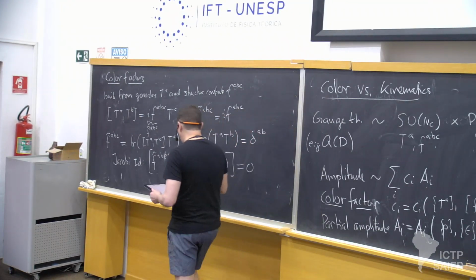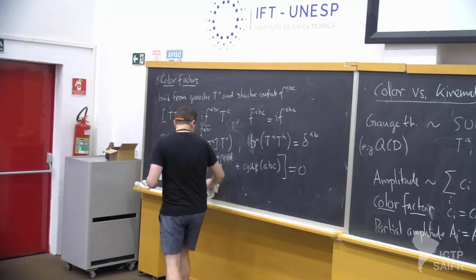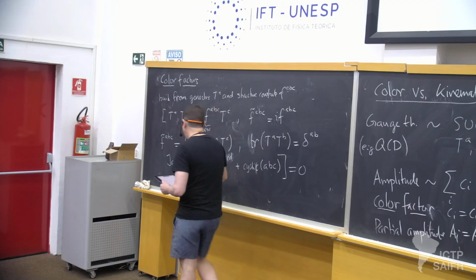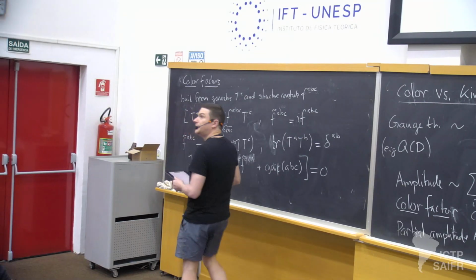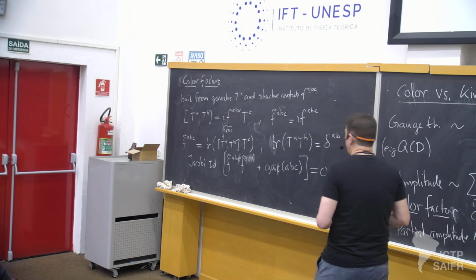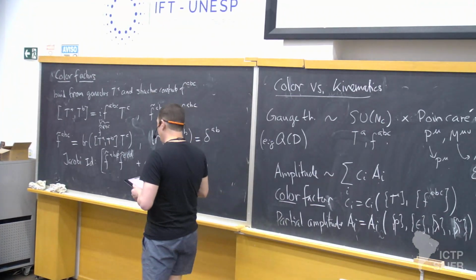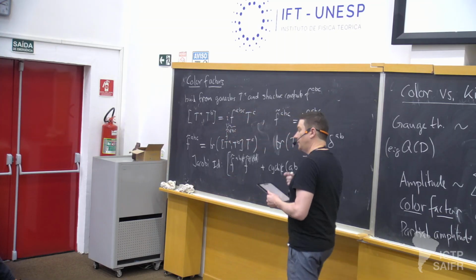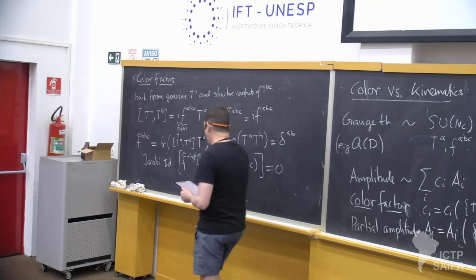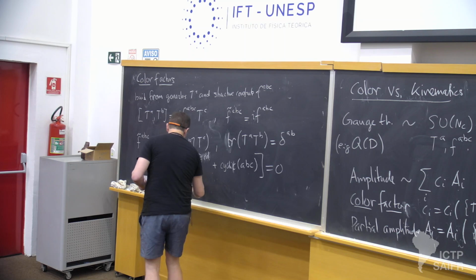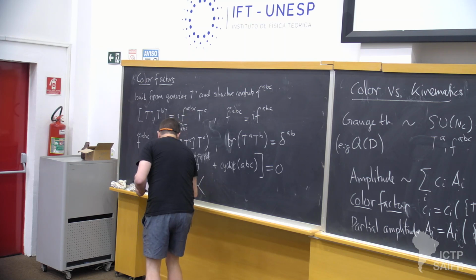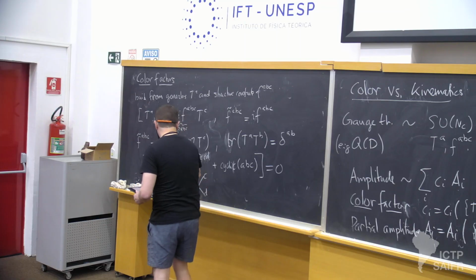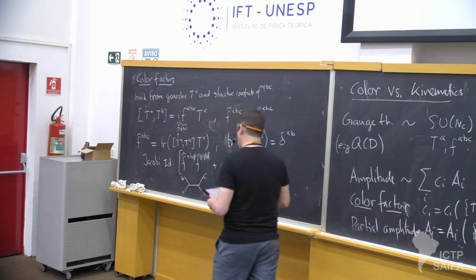And this one can be represented diagrammatically. So this is going to be quite useful for later purposes. But you can think of this as two three-point vertices that you have sewn together. So this diagram would be this guy, where I have A, B, C, D, and the internal one is E, but that one we can ignore.